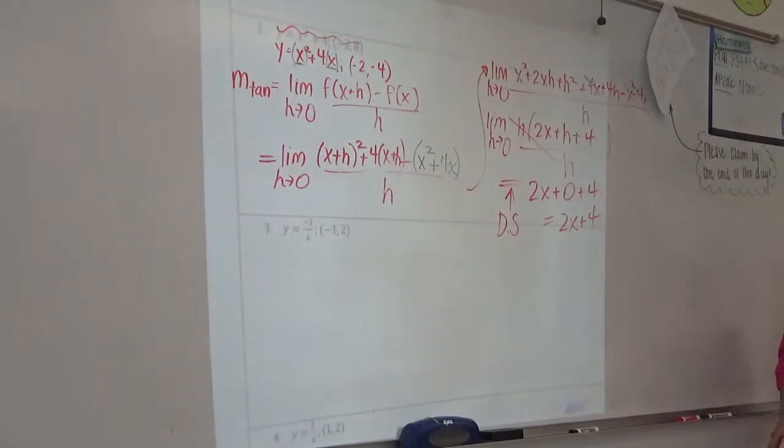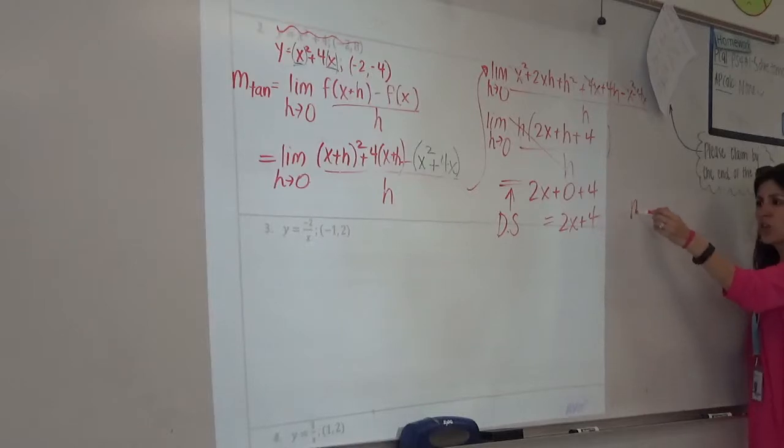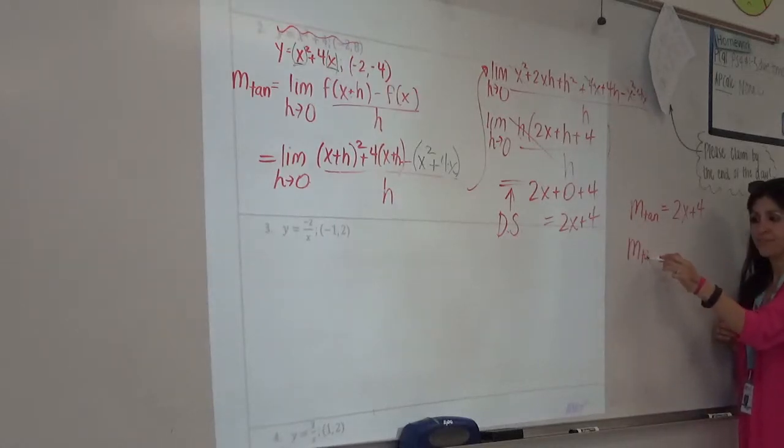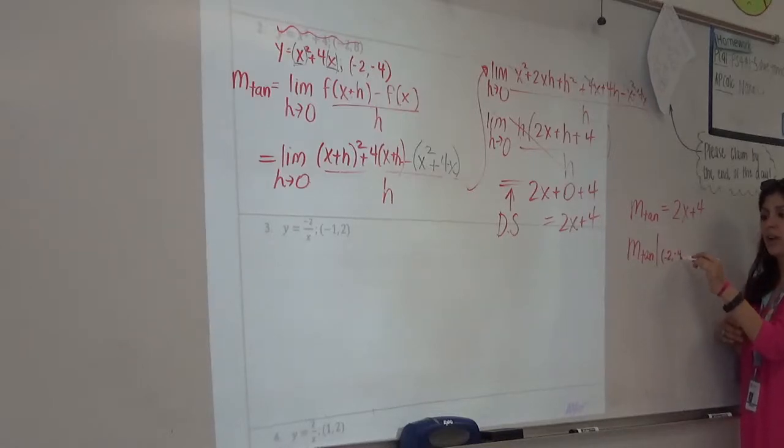Now, I want to hold you to really high standards with how you formulate your final answers for me. What you just decided is that the slope of the tangent line at any point can be found with the formula 2x plus 4. I gave you a point though, right? I want the slope of the tangent line at (-2, -4).